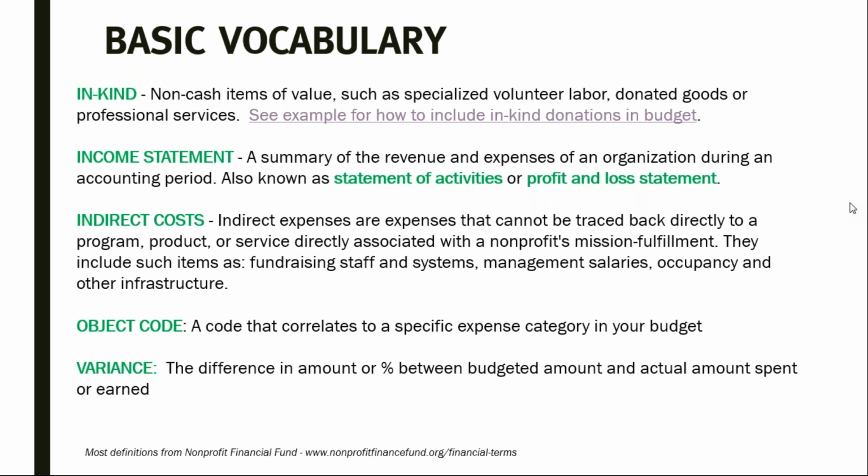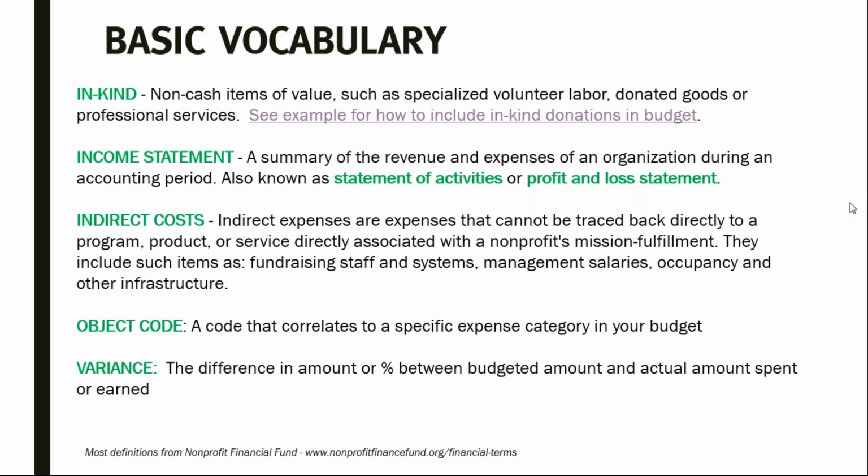The object code will be a set of numbers within that relates to a specific expense. And don't worry, I will parse that further in just a moment. But object code is generally the piece of that string that relates to the expense category, like food or travel or, I'm trying to think of another, supplies, things like that.